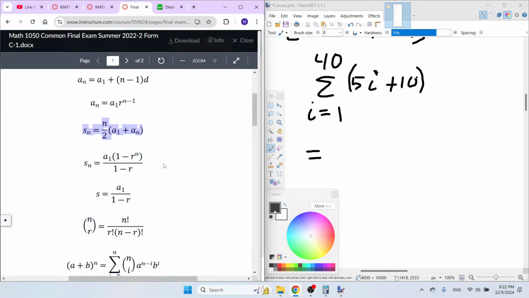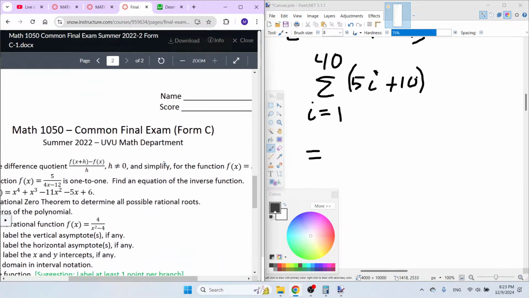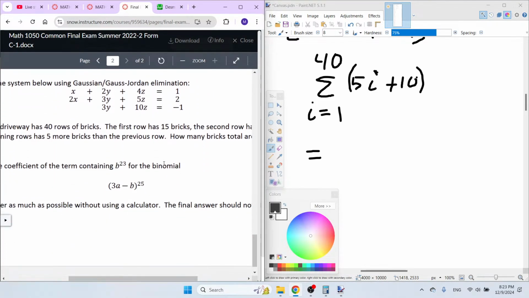That says that our sum is equal to the number of rows divided by 2 times the quantity of the number in the first row plus the number in the last row. So we do that.